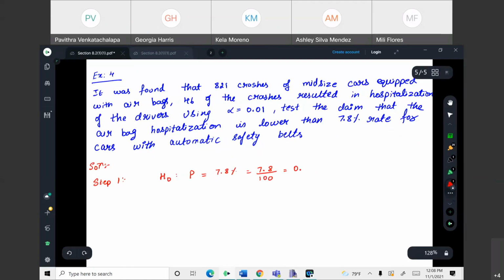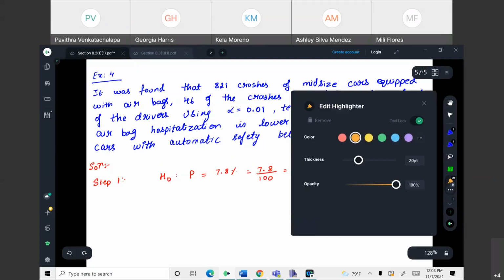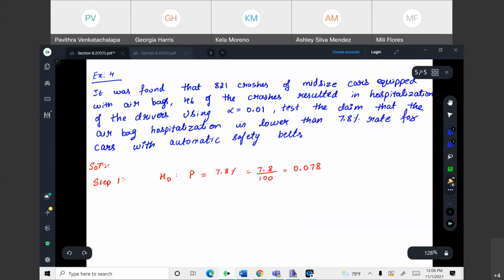That gives you 0.078. This is your claim. Alpha is the significance level, and 821 will be the sample size, 46 will be p cap.